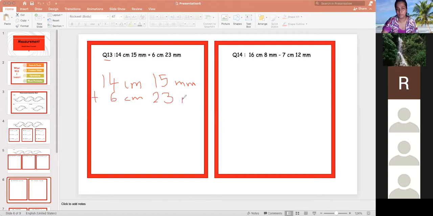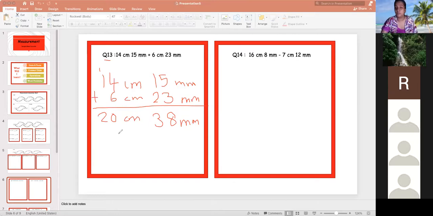You must do what we call as the standard written method. Buatlah. Buat asing-asing. Draw a long line. Then start with the millimeter unit. 5 plus 3, 8. 1 plus 2, 3. Here, 4 plus 6, 10. Here will become 20. So your answer is 20 centimeter and 38 millimeter.